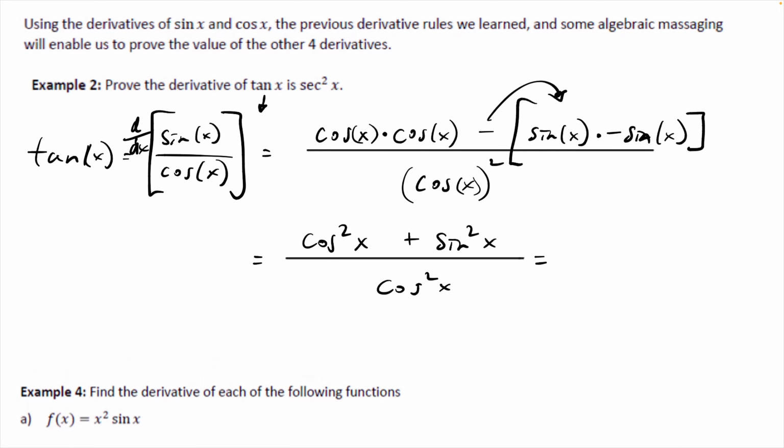So do we see any of these things over there? Yeah, cosine squared plus sine squared. What is cosine squared plus sine squared equal to? 1. So it's really 1 over cosine squared.